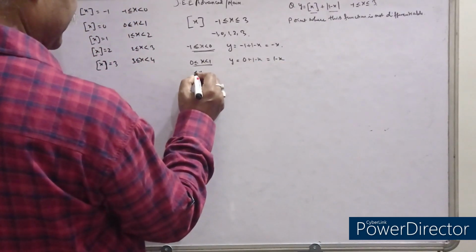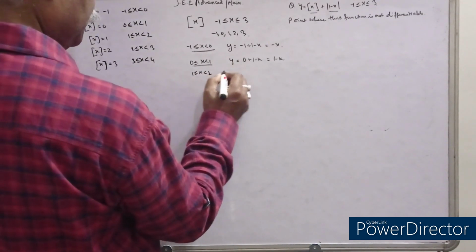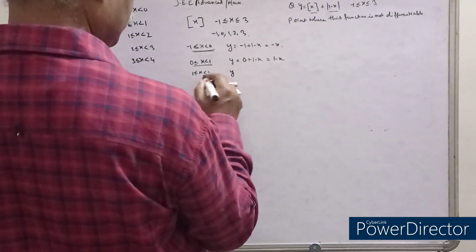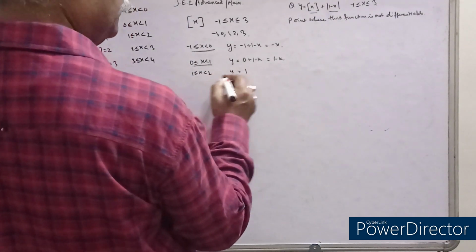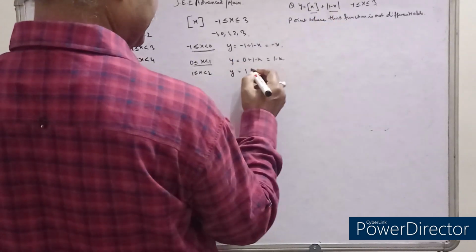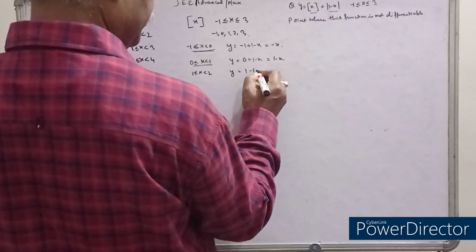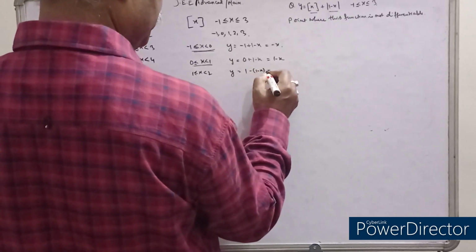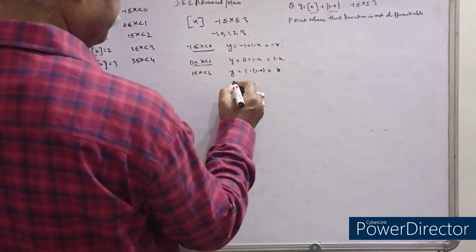Again, for x greater than or equal to 1 and less than 2, your greatest integer will be 1, and between 1 and 2 the expression will be negative, so I am considering the negative part of it, and this will be equal to x.